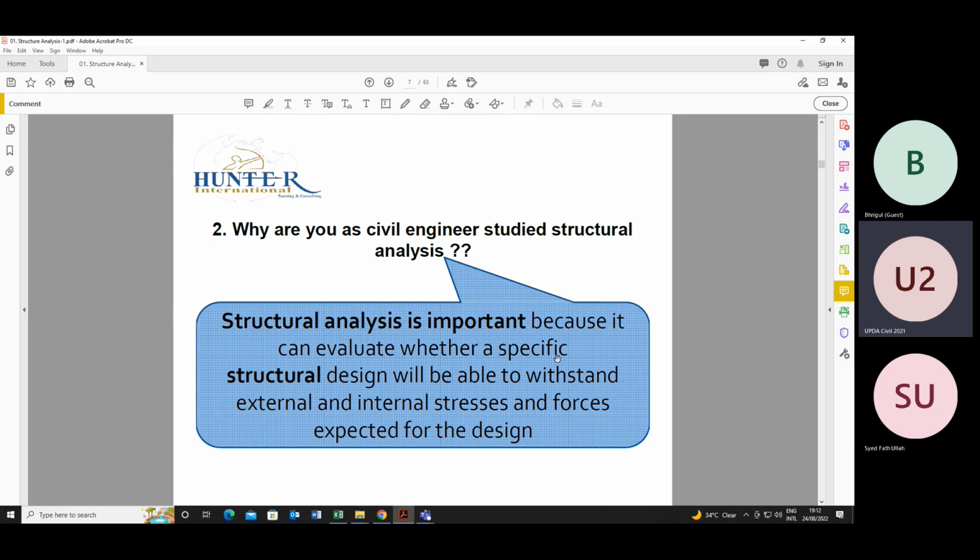Structural analysis is important because it can evaluate whether a specific structural design will be able to withstand the external and internal stresses and forces expected for the design. As I said, it is the most important part of engineering, as whether a structure is able to withstand external and internal forces depends on the structural analysis. I mean, structural analysis determines whether it will be stable or not. So it plays a vital role in the designing of structures.